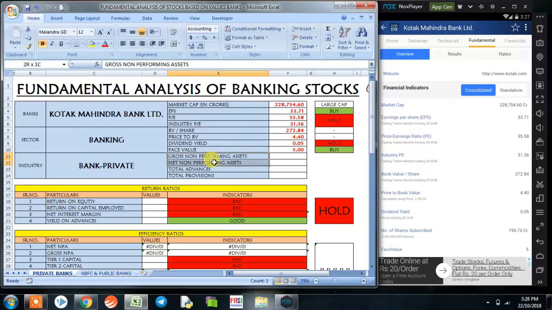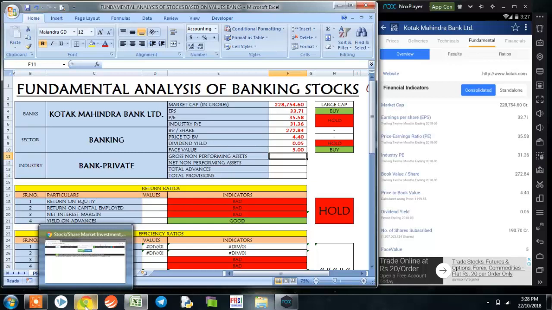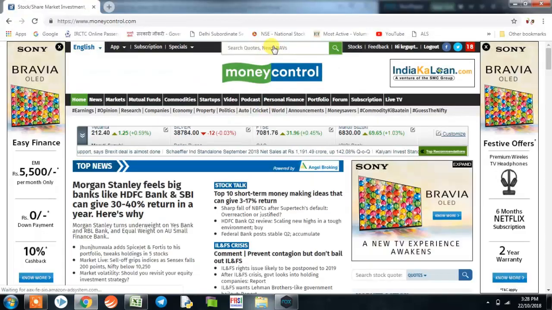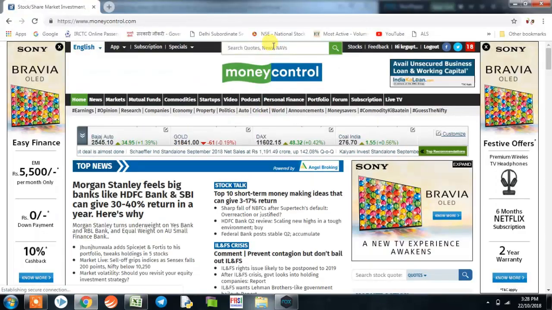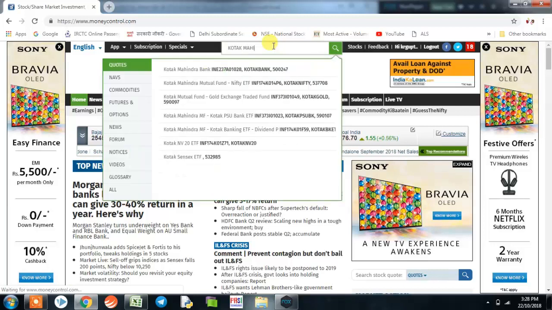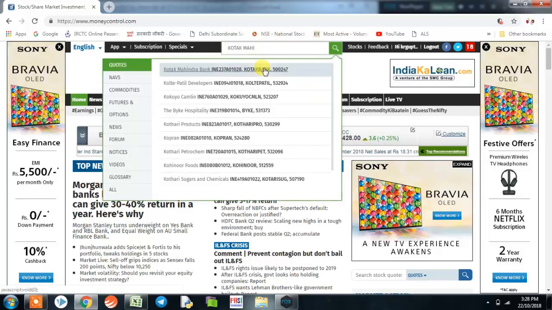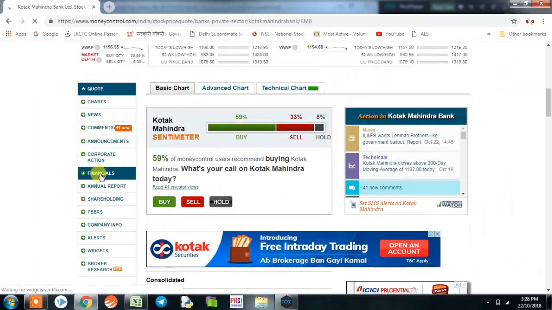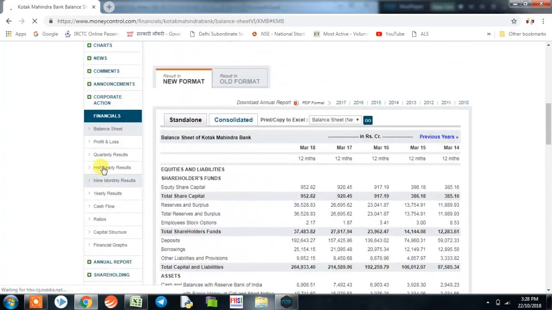Now for gross NPA, net NPA, total advances and provisions, we'll have to go to the website moneycontrol.com. In the search bar we type Kotak Mahindra Bank. Here we click on the Financials tab, and by default we could see that the balance sheet of the bank is available to us.